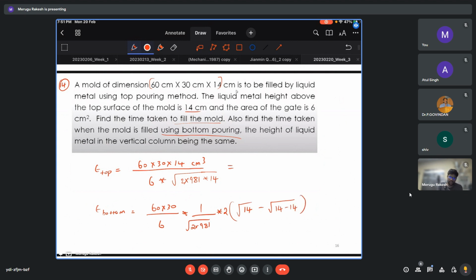Okay, it is just twice. So we don't need to calculate as well, because in this case the height of the sprue and the height of the casting are both the same.